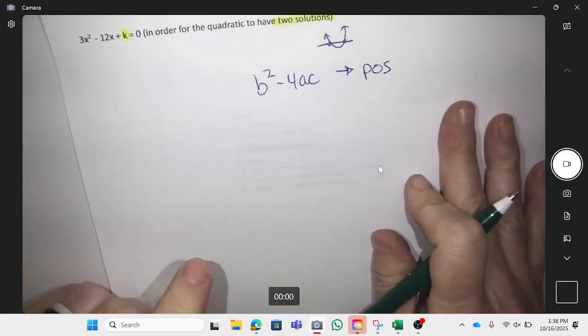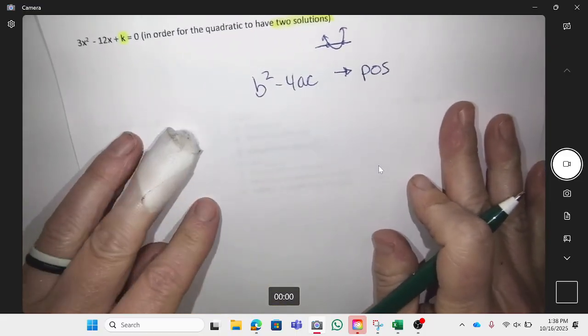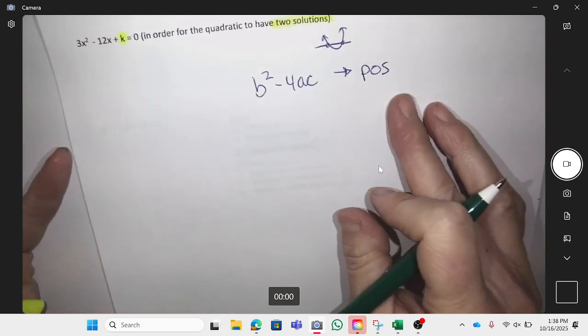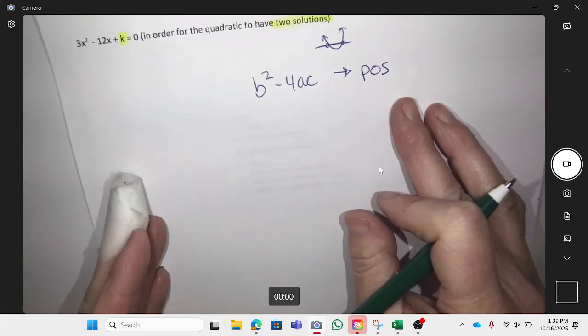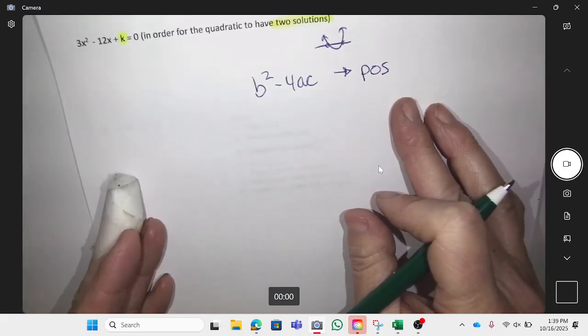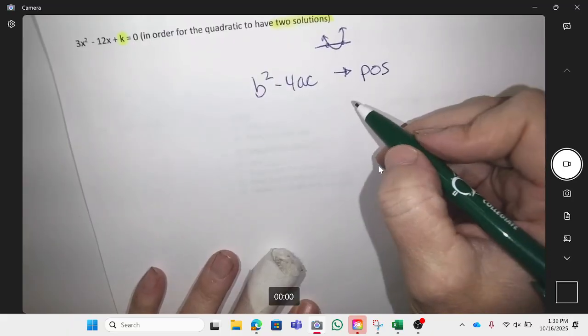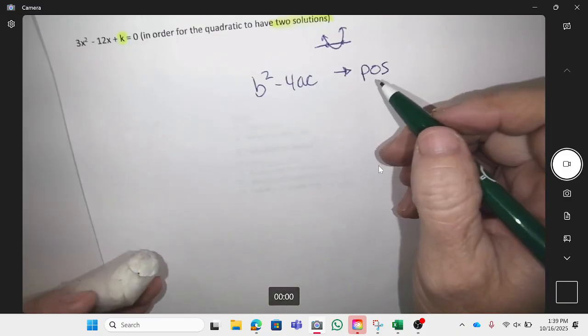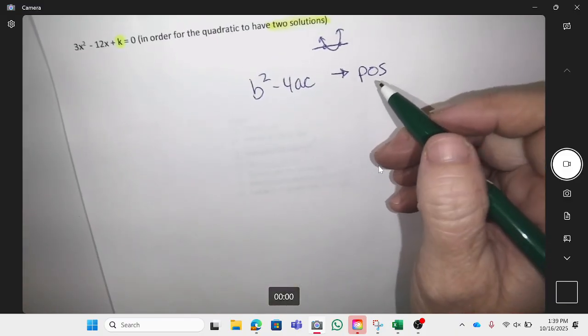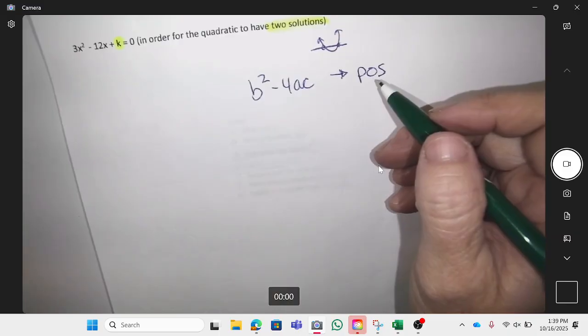Okay, so sorry, you can't solve math using the word positive. So we have to use some kind of math thing to show positive numbers. Well, 10 is positive, but there's a bunch of positive numbers.